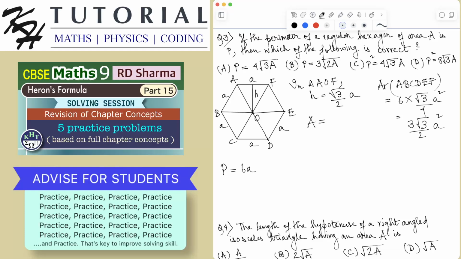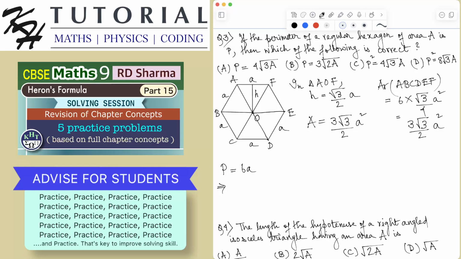And area capital A is equal to 3 into square root of 3 divided by 2 small a square.